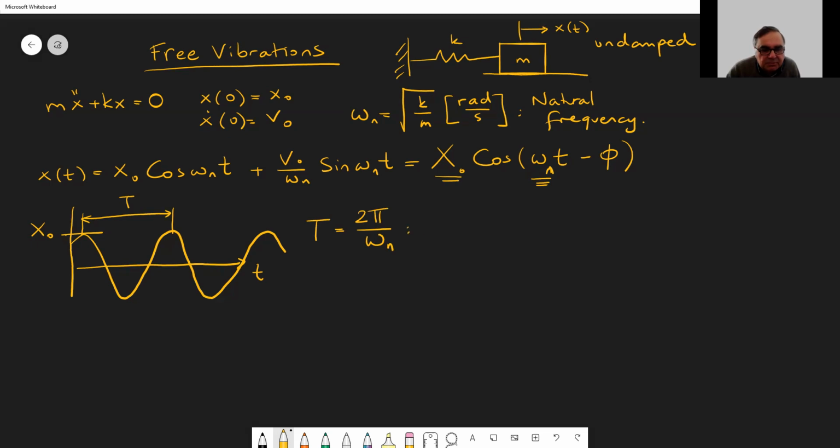This is the period of oscillations, in seconds. And there is no damping, therefore the amplitude does not decrease. This is the amplitude, and this is the so-called phase angle.